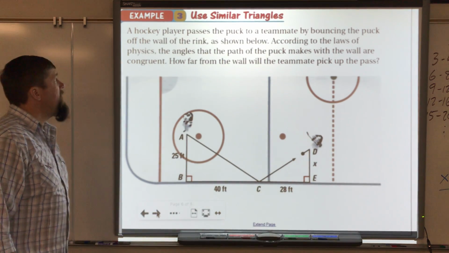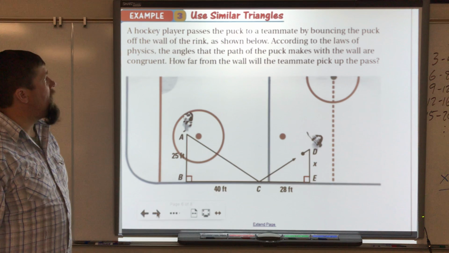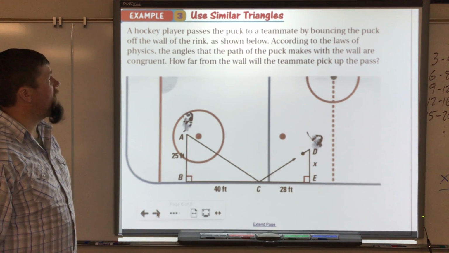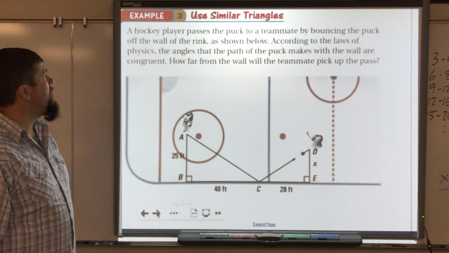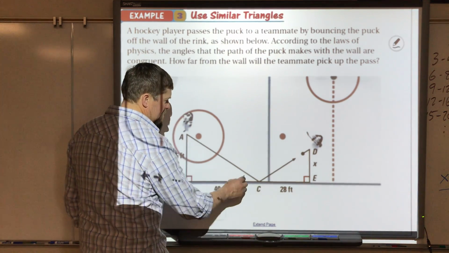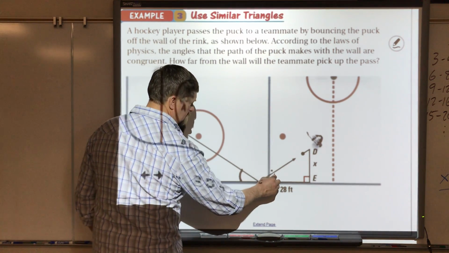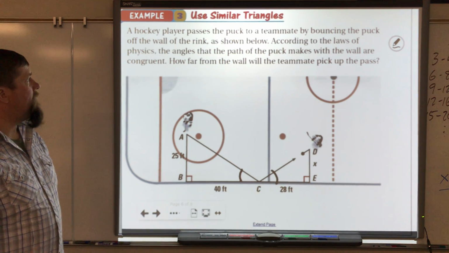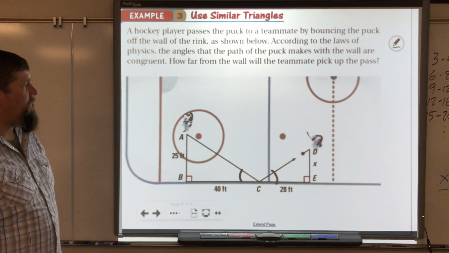Okay, example 3. The hockey player passes the puck to a teammate by bouncing the puck off the wall of the rink. According to the laws of physics, the angles that the path of the puck makes with the wall are congruent. So basically they're saying that this angle is congruent to this angle. How far from the wall will the teammate pick up the pass?